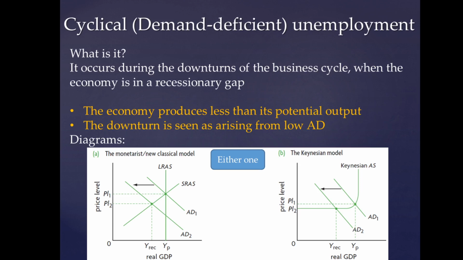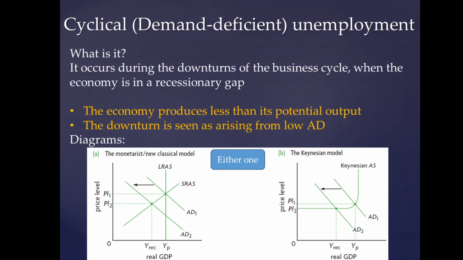Expansionary fiscal policies or expansionary monetary policies, as long as it's demand side policy. Because with demand side policy, we focus on how to change the aggregate demand. This is what we can do as a government.